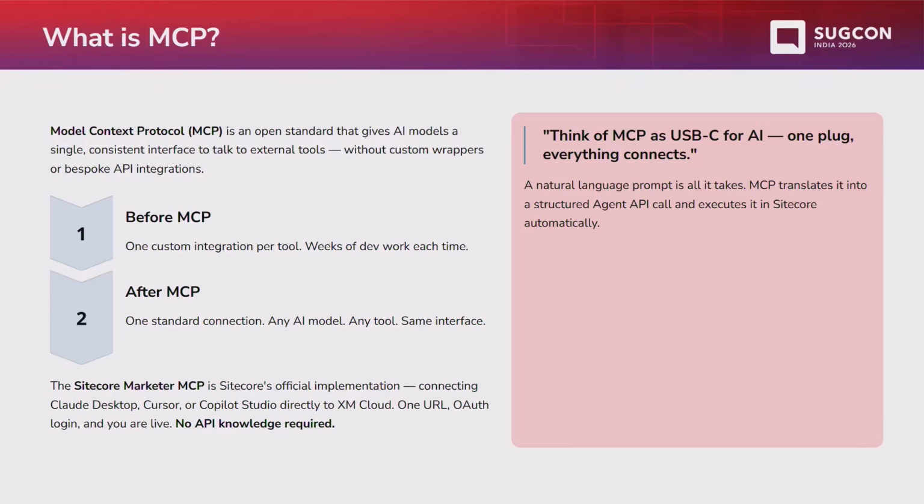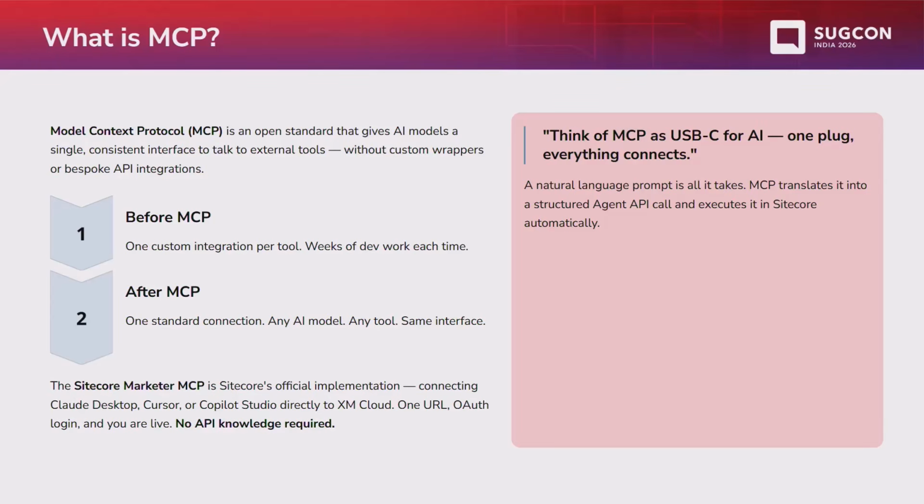So if you have to connect with a tool, let's say Sitecore, and there is no MCP, you'll have to write a custom wrapper for it and handle all the authentication to connect with your tool. This is the before MCP. Again, if you have to connect with any other tool, you'll have to write another custom wrapper for it.